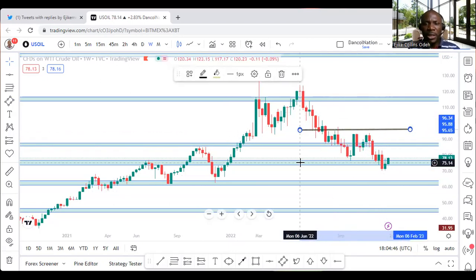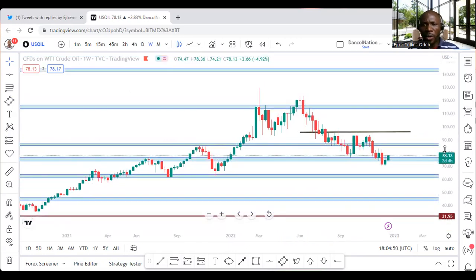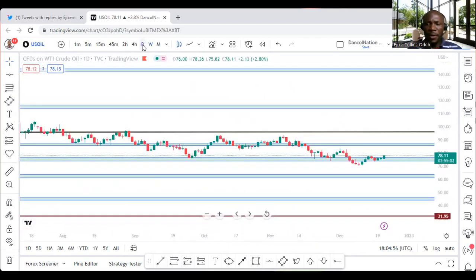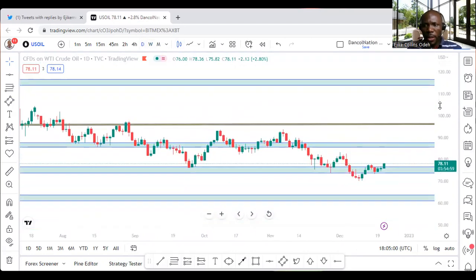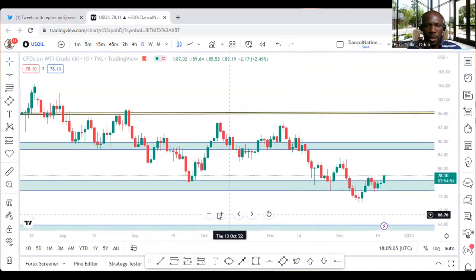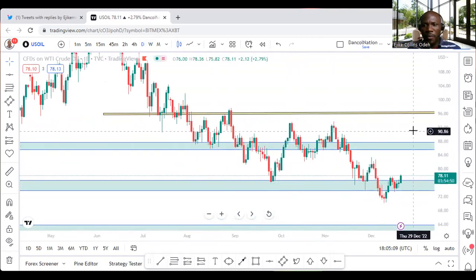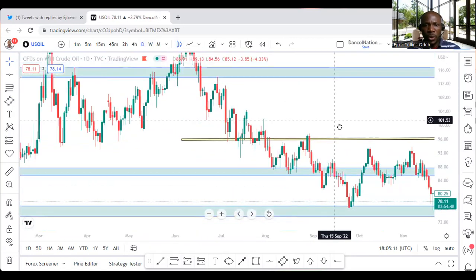Now let me bring this again at least to our daily time frame, where we have a clearer picture of the incidence, so we can see more clearly the formation that we are talking about.